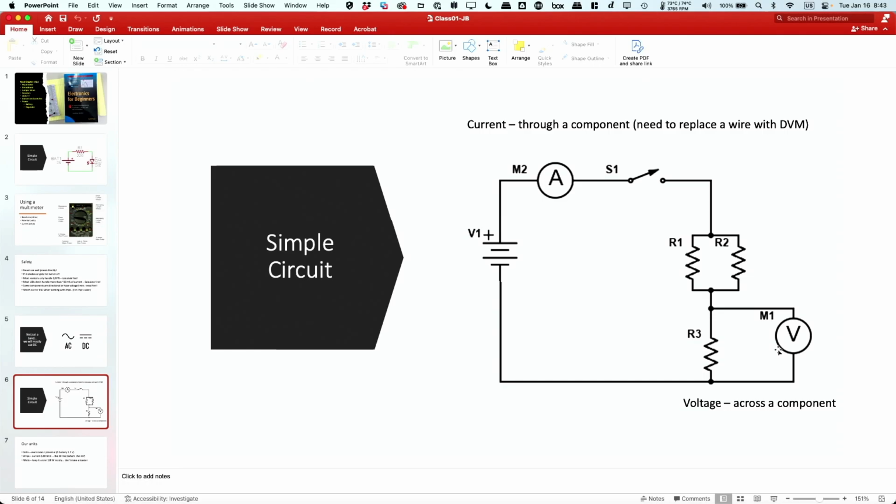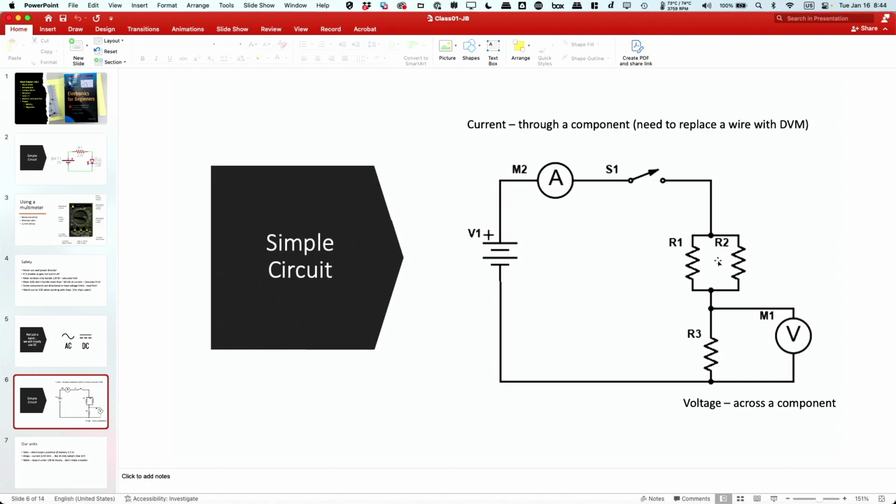Is it complete right now? No. If we close the switch, it is, and then we get a voltage reading. Current's going to flow, and we should get some sort of voltage. The current will flow out of the battery, and then it has to make a choice when it gets to R1 and R2 about which one it's going to go through. More of the current will flow through the one with lower resistance and less through the one with higher resistance.